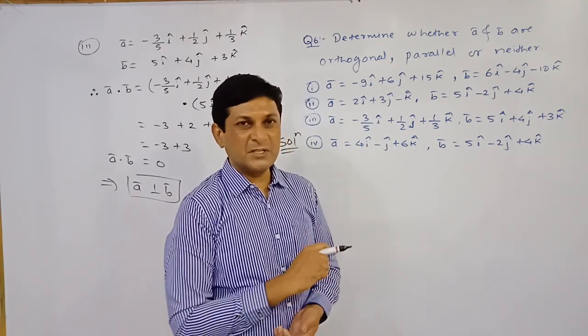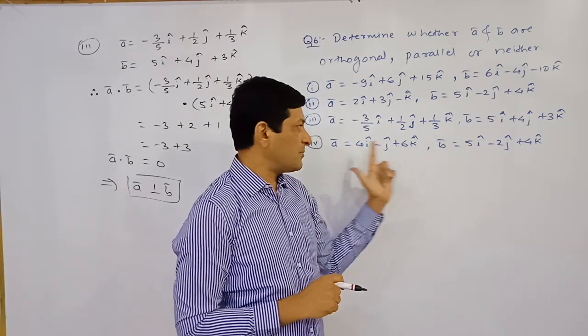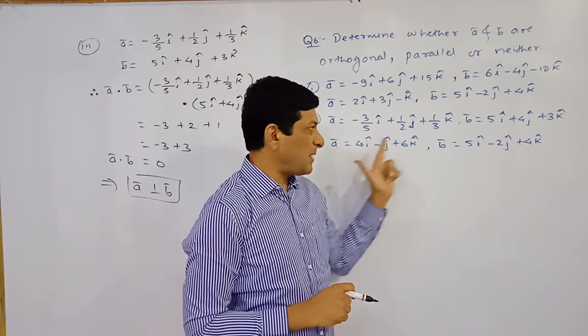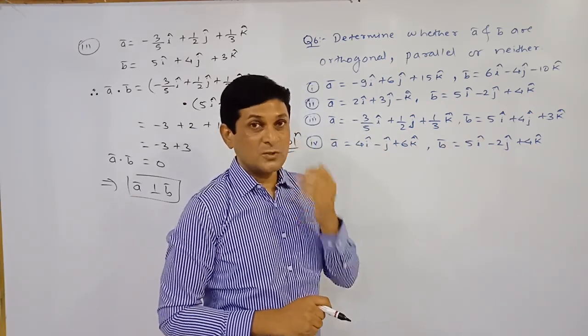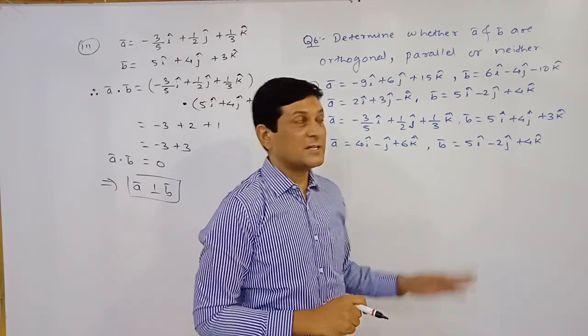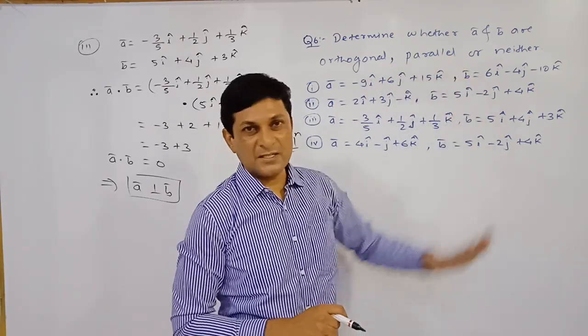Let us check whether they are parallel or not. The ratio of the coefficients of i cap is 4 upon 5, and the ratio of the coefficients of j cap is minus 1 upon minus 2, means 1 by 2. So 4 upon 5 is not equal to 1 by 2, which means the vectors are not parallel either. They are not orthogonal and not parallel, so our answer is neither, but we have to prove it.